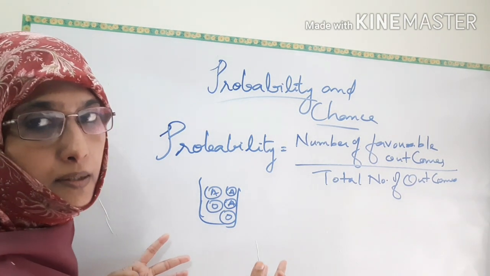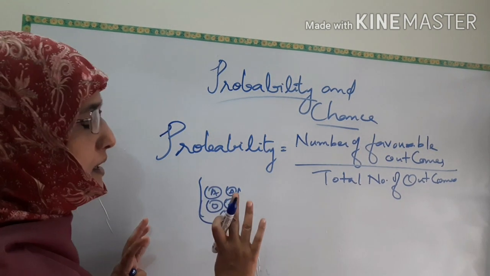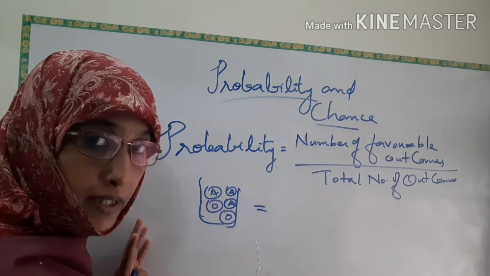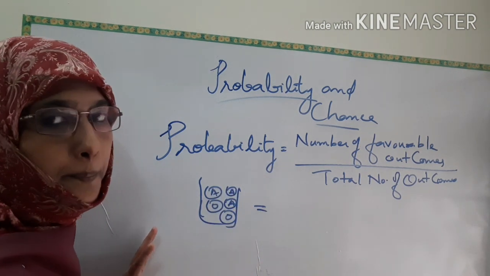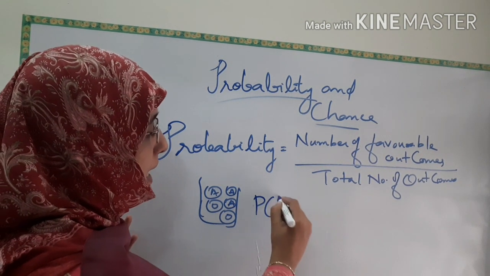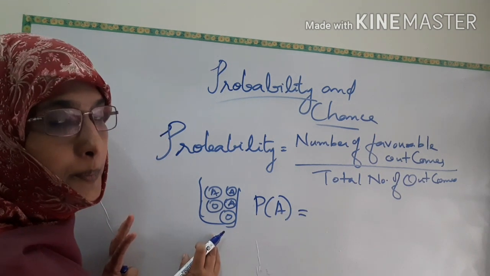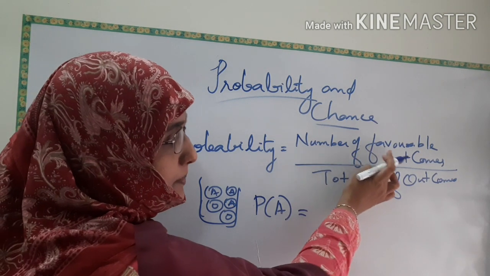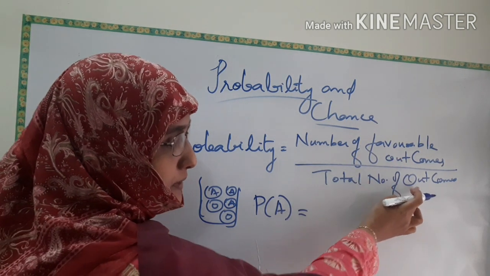You are not sure about that. You took one fruit, and my question is, what is the probability that you will get an apple? You have to find the probability of getting an apple from this box. So what is the formula for finding the probability? It is number of favorable outcomes by total number of outcomes.